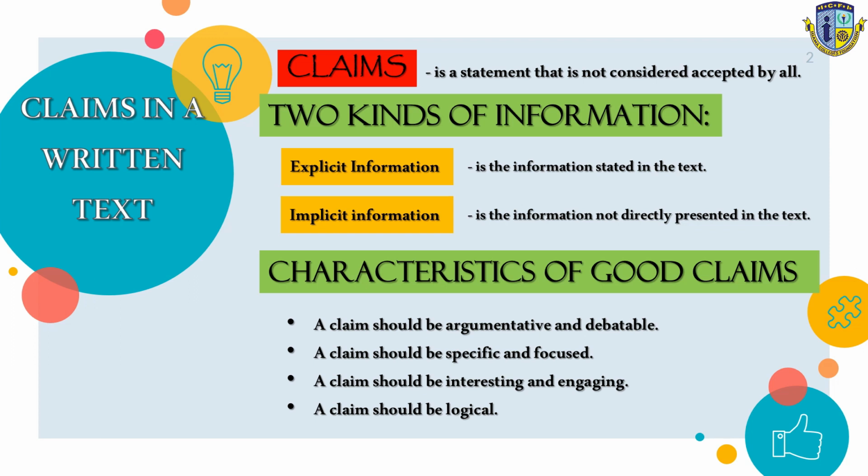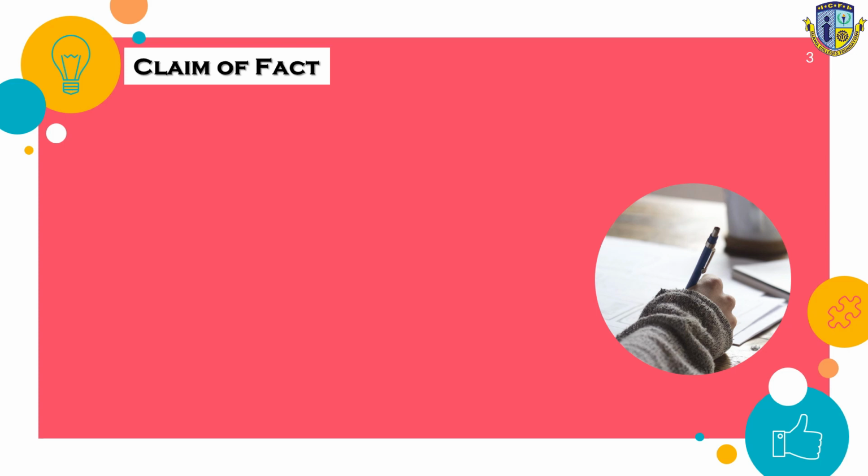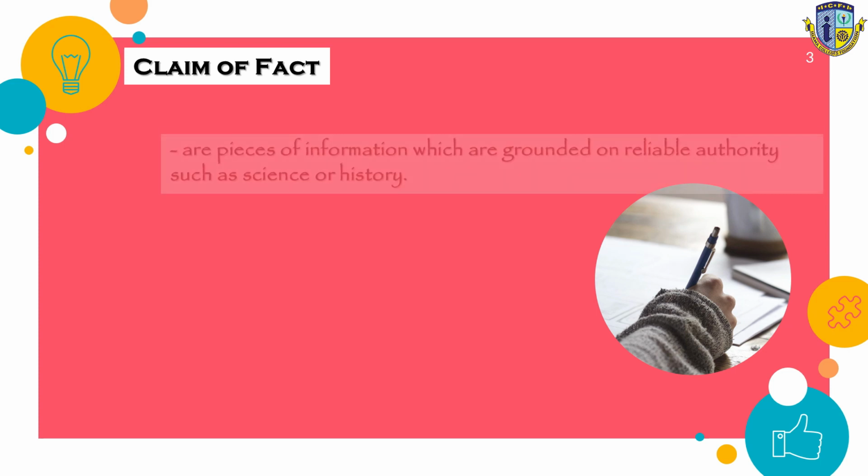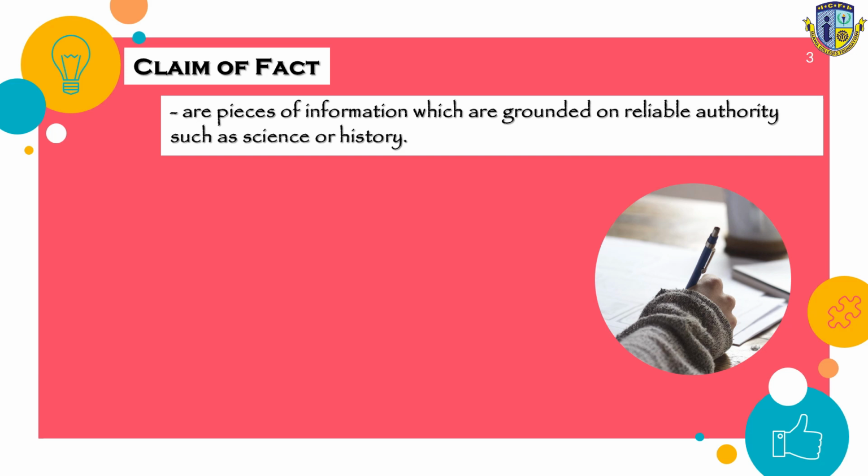So, what are the types of claims? The first one is claim of fact. Claim of fact is defined as the pieces of information which are grounded on reliable authority such as science or history.